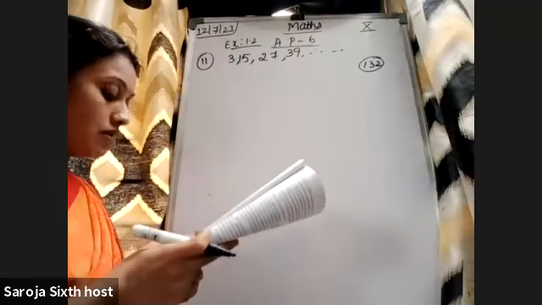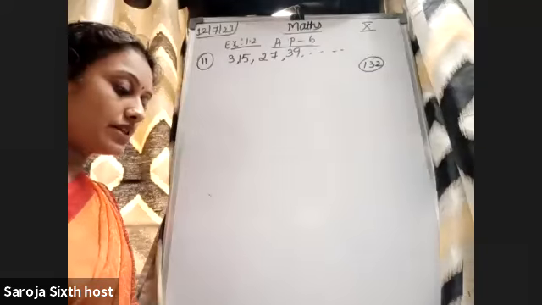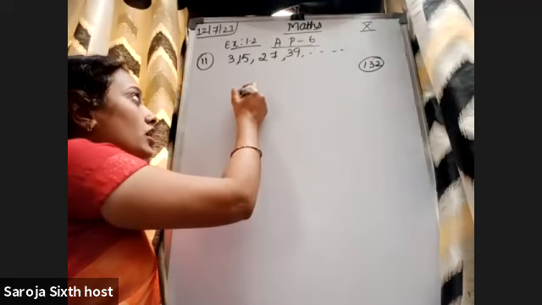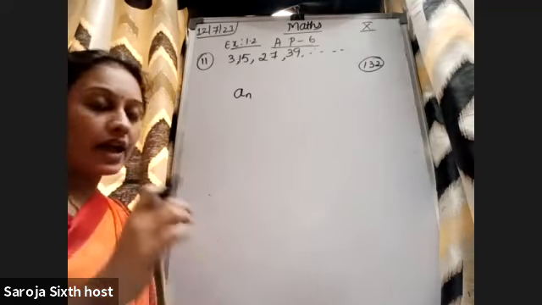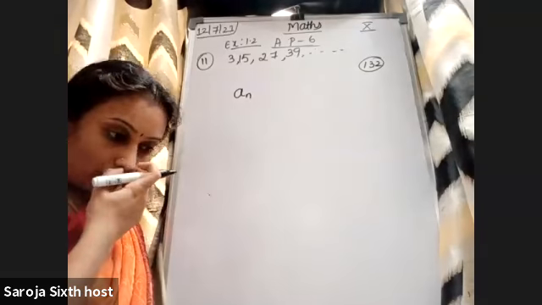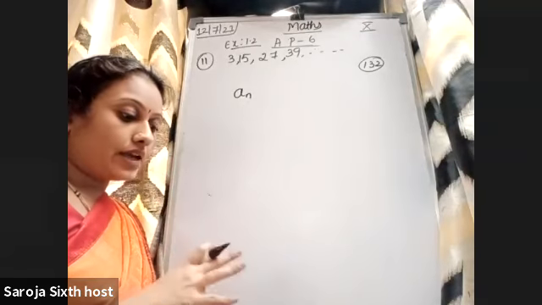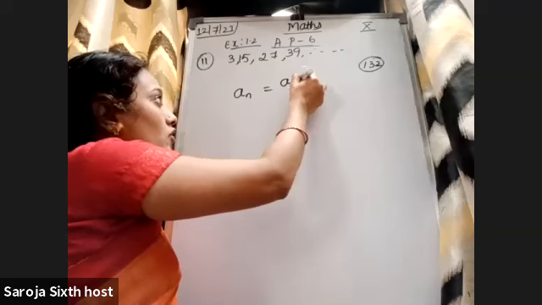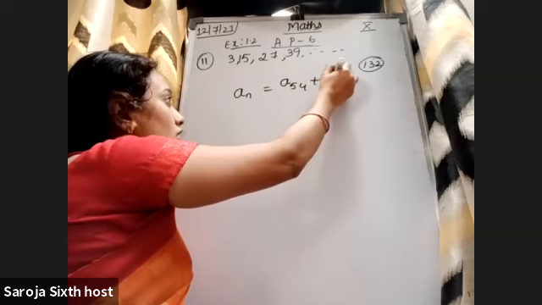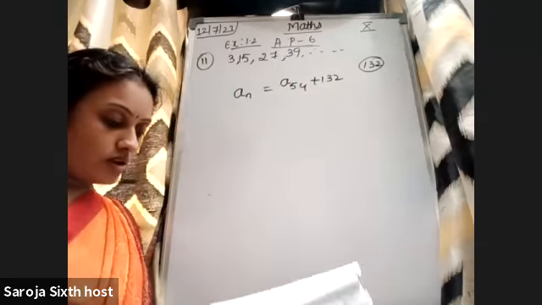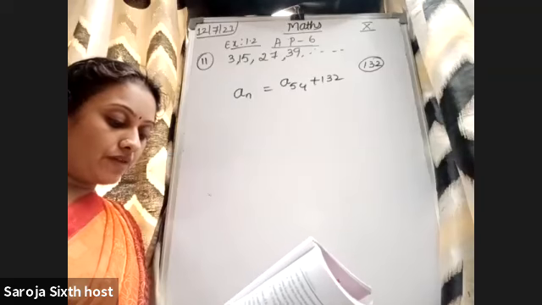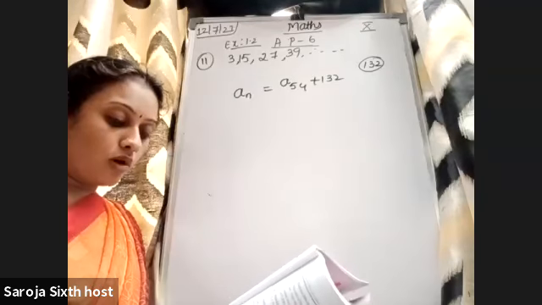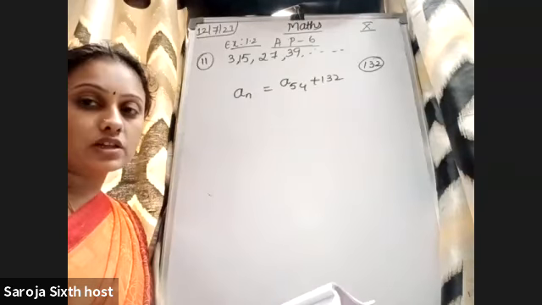So more than the 54th term means what will be this equation? Here a_n means the nth term, which you are going to find out. a_n is equal to a_54 plus 132. Which term of the AP will be 132 more than the 54th term?